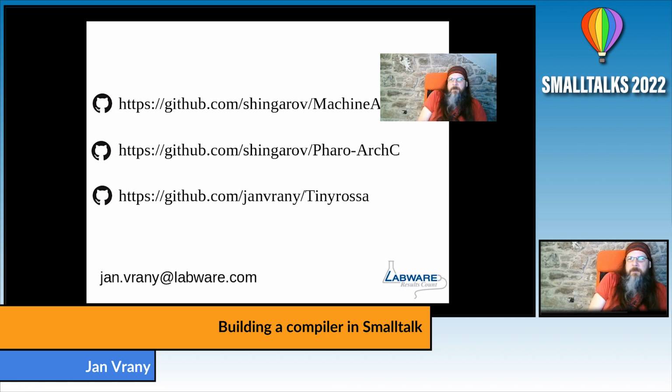You can use ArchC if you want to play with code, or generate some code or analyze the code, because, for example, I use ArchC in VDB to analyze the code, not to generate it, but to analyze, to see where are basic blocks, where are the jumps, that kind of thing. Tinyrossa is a bit raw, but potentially might be interesting.